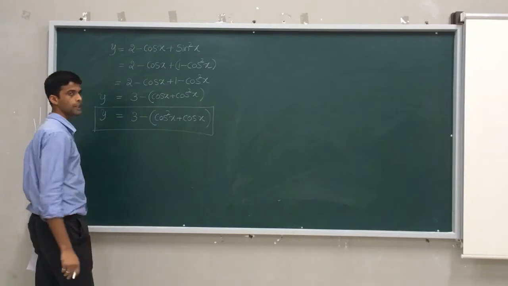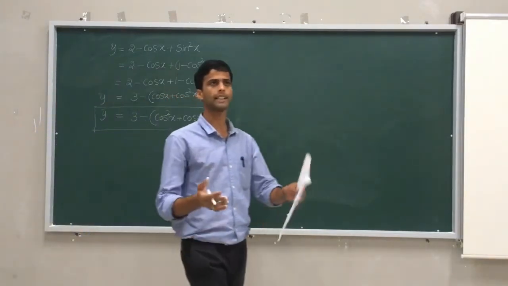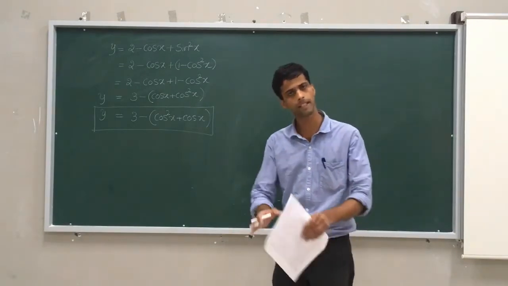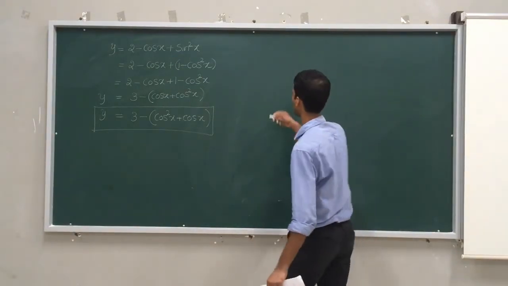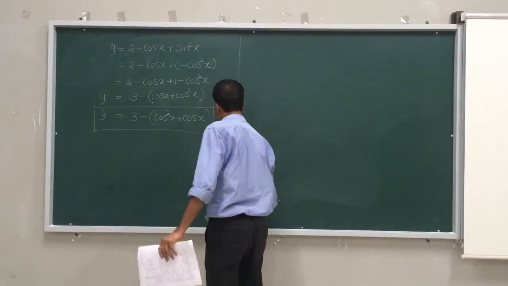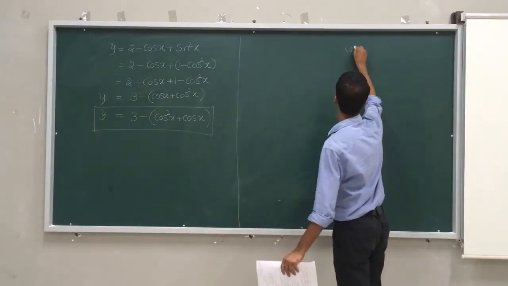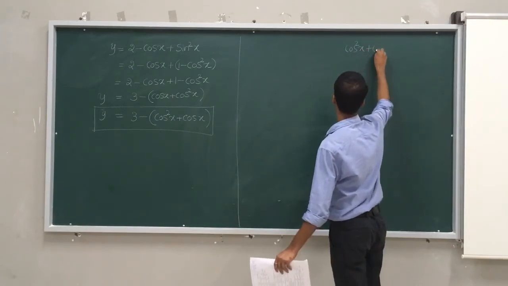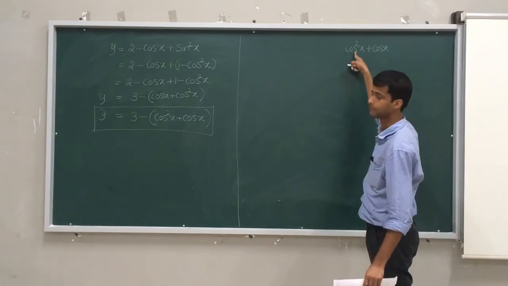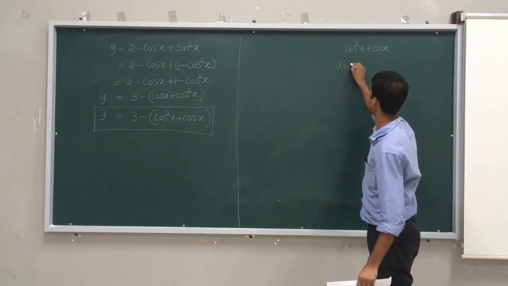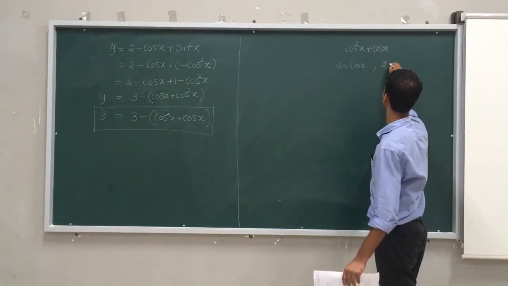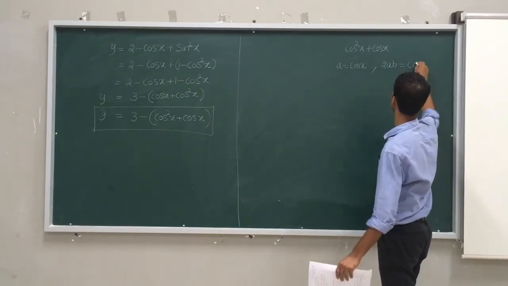Now what is the possibility of further simplification? I guess you heard in quadratic equations the completing the square method. So what I will do with this expression is, let me do some rough work here. If I consider cos square x plus cos x, it looks like a square, a square plus 2ab. Therefore a is cos x. It looks like 2ab is cos x.